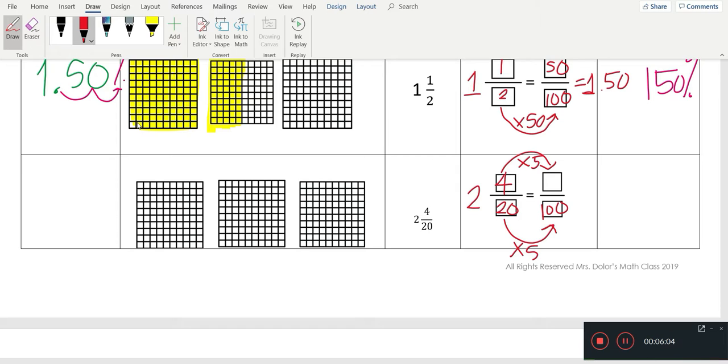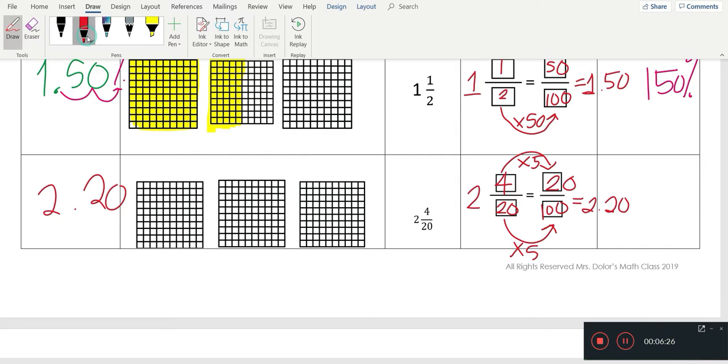So therefore, 4 times 5 is 20. So therefore, that's now 2 wholes and 20 hundredths.